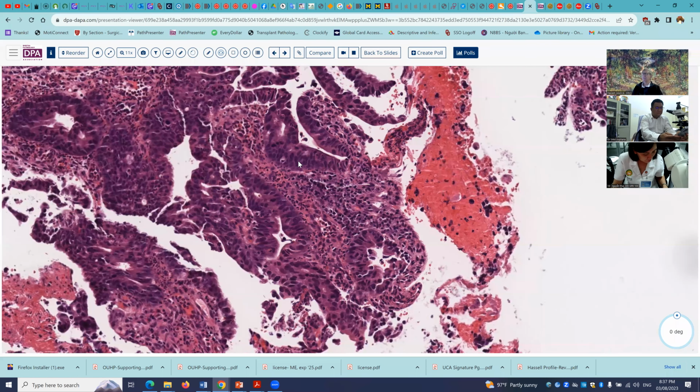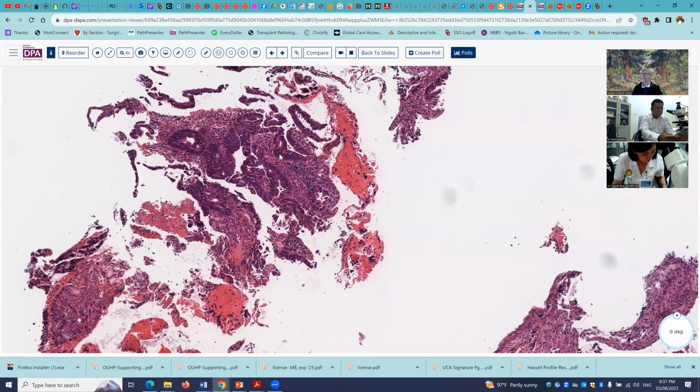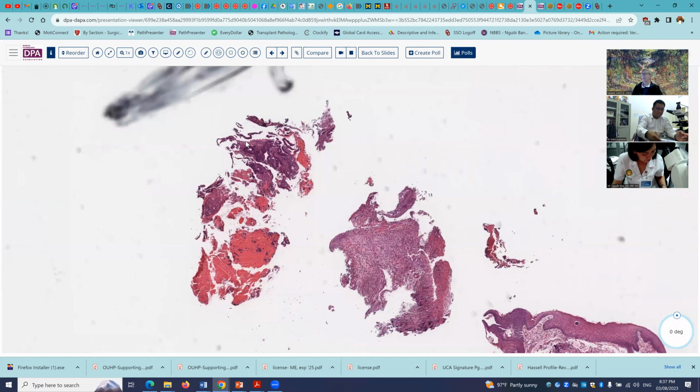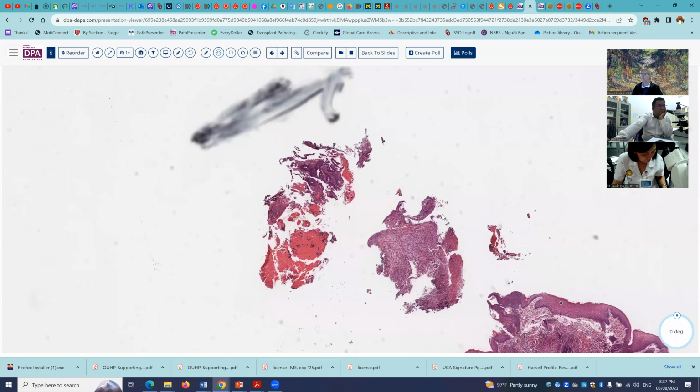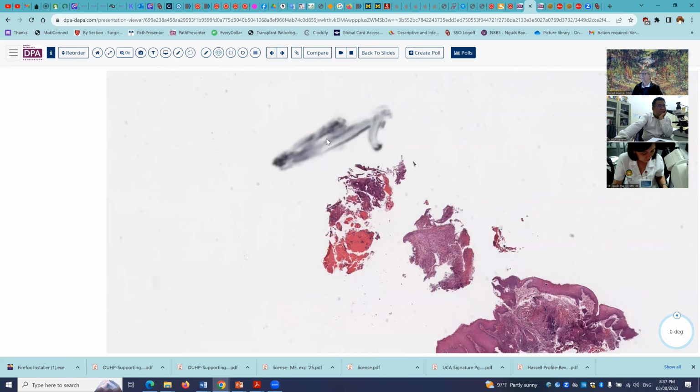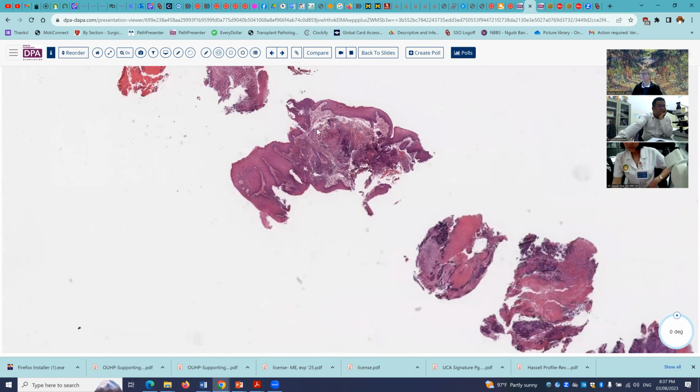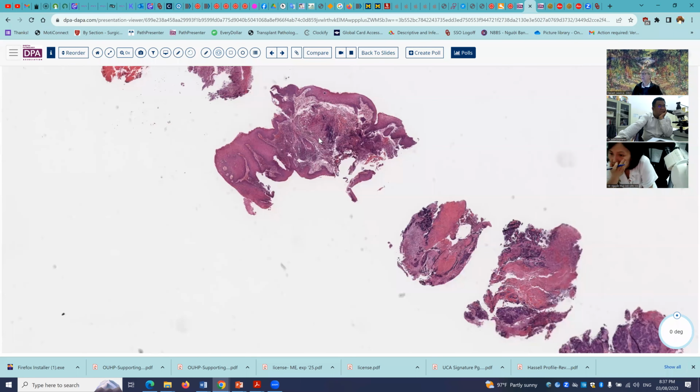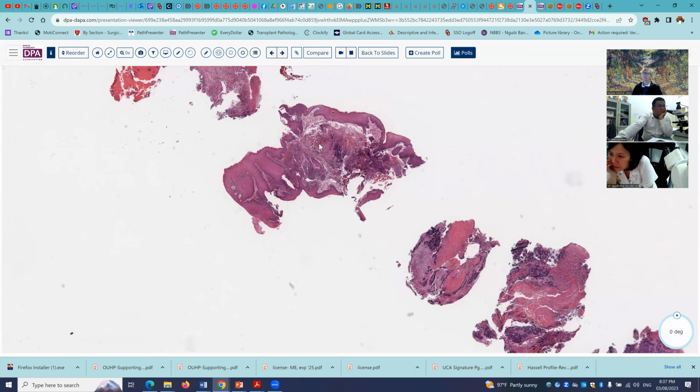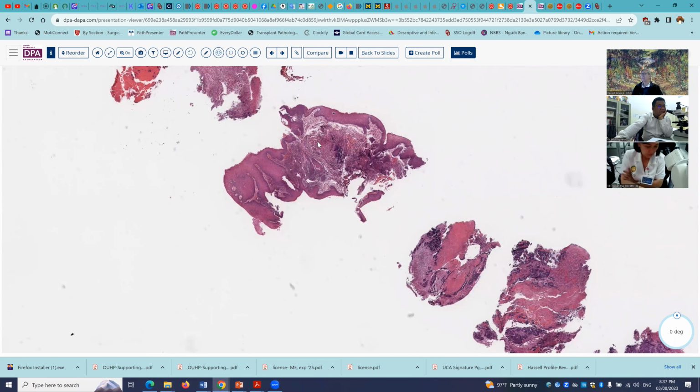Now, this is probably not 30% of the tumor in the sense that I can compare the morphology of this part with the other pieces that I have in this slide, which are 4 or 5 pieces of tumor. So I still sign it out as potentially mixed neuroendocrine, non-neuroendocrine carcinoma.